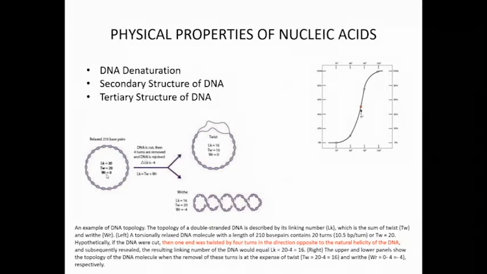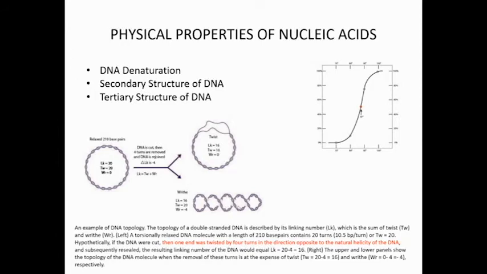And then the writhing number. Basically, you twist this double helix circular DNA. Every time you twist one time, that is one writhing number, depending on whether it is a right-handed or left-handed turn.